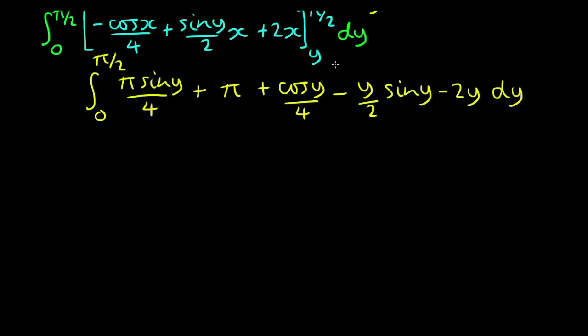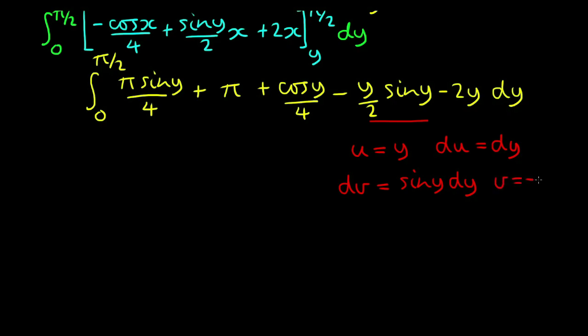So these integrals are straightforward to evaluate, except the integral of this term, where we'll use integration by parts by setting u equals y. So du is equal to dy, and dv is equal to sine y dy. So therefore v is equal to minus cosine y.